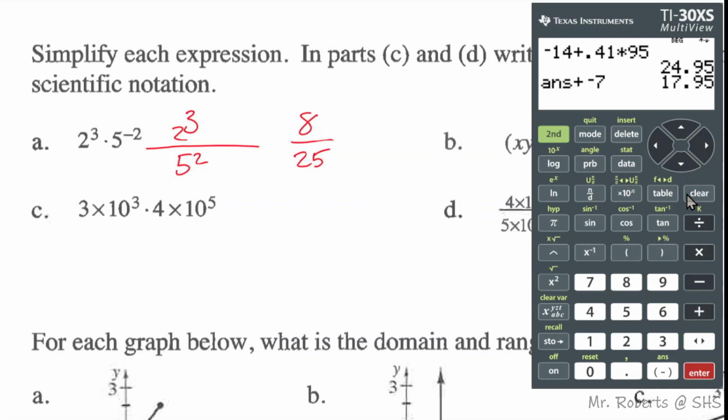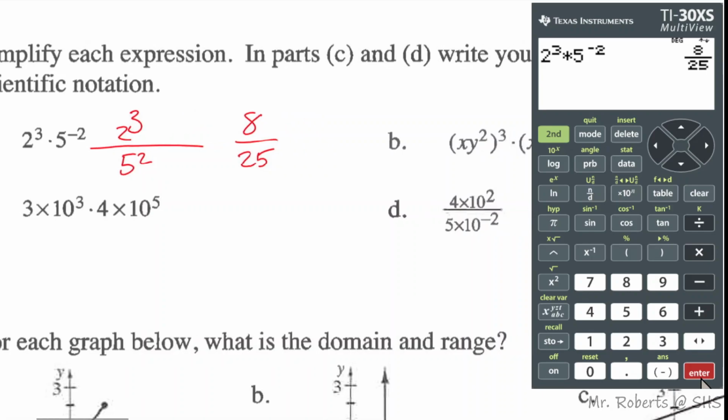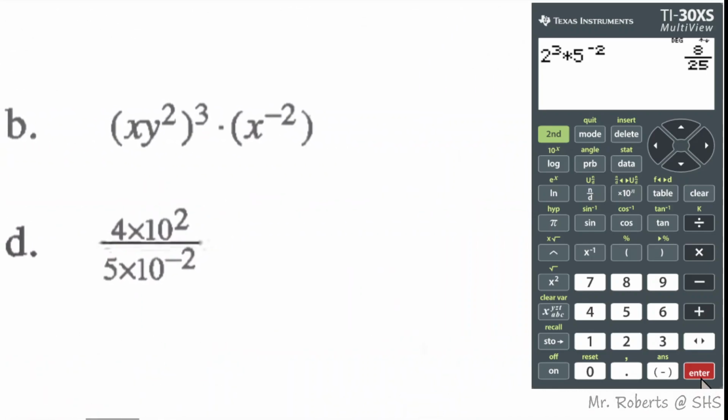I'm wondering if this calculator will display that as a fraction. 2 to the third, times 5 to the -2nd. What's it say? Oh, yeah, 8/25. That's beautiful.